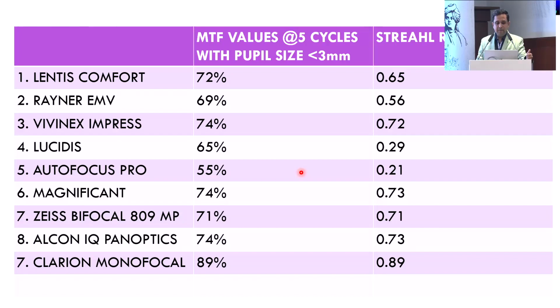But this doesn't mean that all the multifocals show something big, because in this study also, the Zeiss 809 MP is a purely bifocal, and Panoptix is trifocal. So Panoptix, bifocal, trifocal, they are also showing equally comparable good contrast and Strehl ratio.